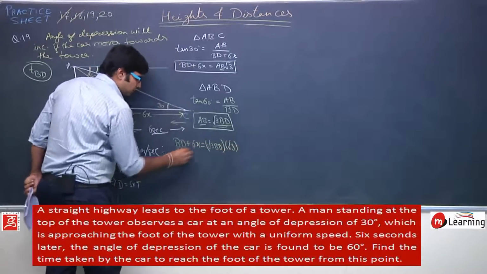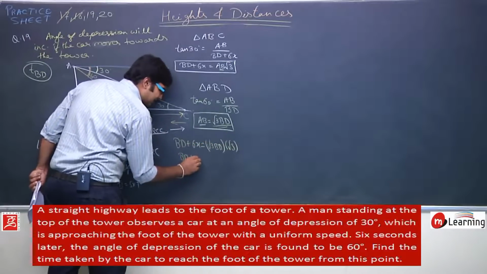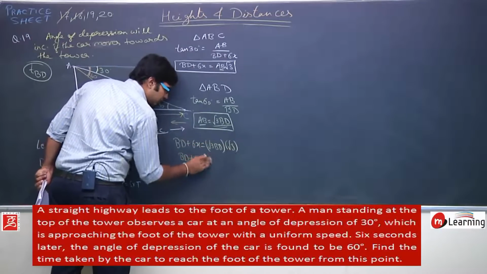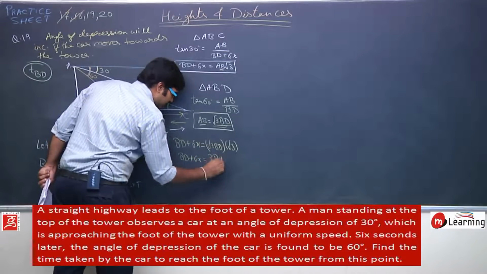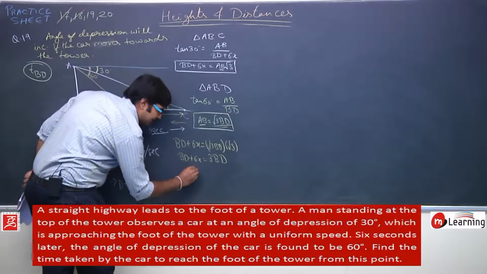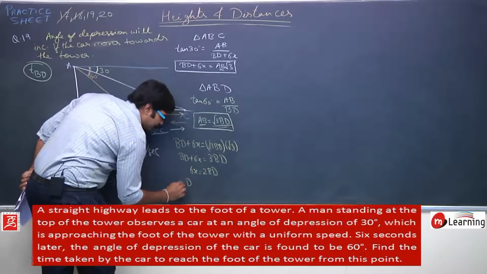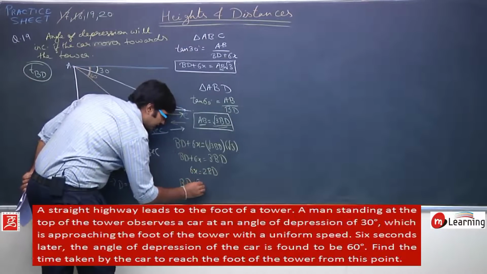So this will give you 3 BD. So you will get BD plus 6x is equal to 3 BD, and from here you will get 6x is equal to 2 BD. That is, the value of BD is equal to 3x.